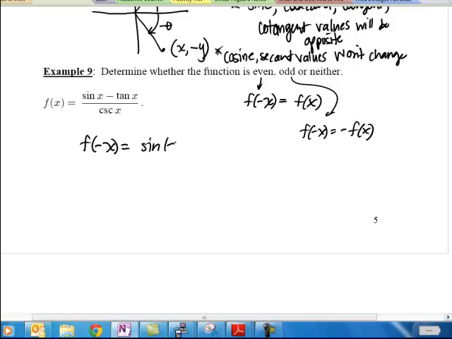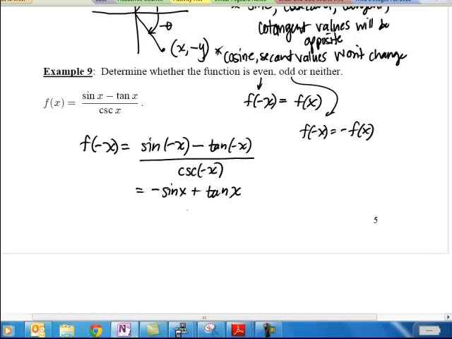So we would make the input for sine opposite, the input for tangent opposite, and the input for cosecant opposite. And as we saw above, each of those is made opposite when we make the input opposite. So we would end up with the opposite of sine x plus tangent of x, and then the opposite of cosecant of x in the denominator.